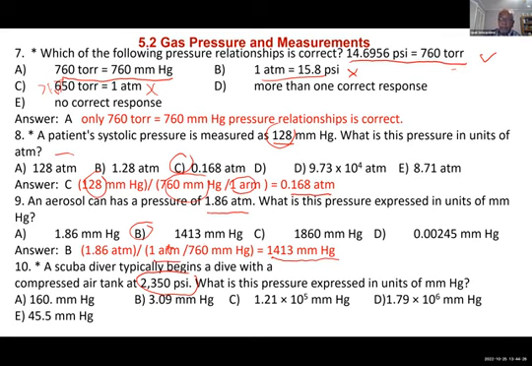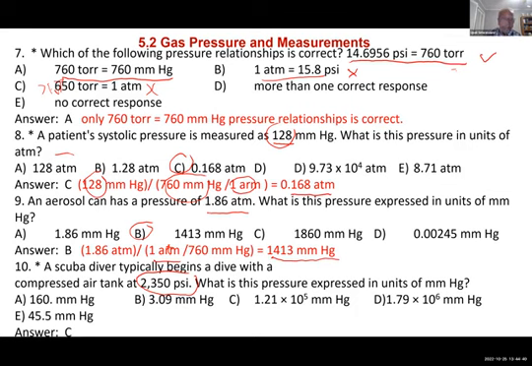So psi is 14.956 right here. This is the conversion factor. So C is the correct answer. I'm going to show another calculation in the next slide, which is similar.